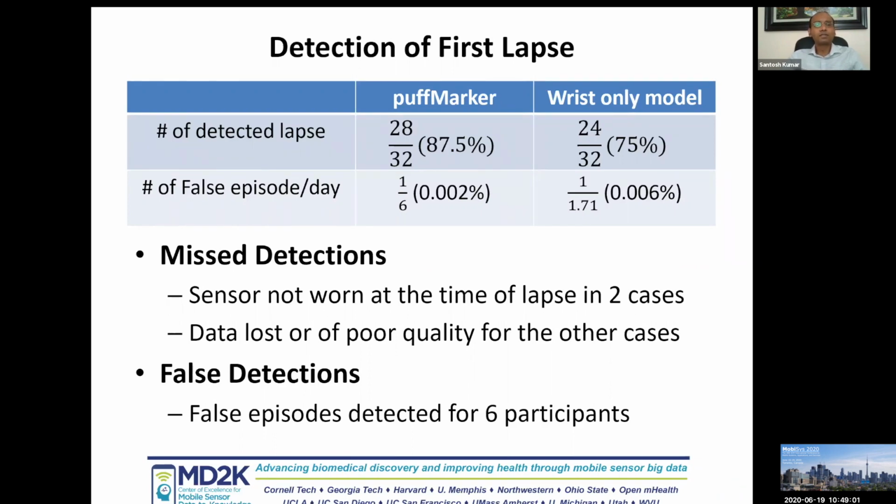We were able to detect this first lapse about 28 out of the 32 times. In other cases, either the sensor was not worn or the data was lost. The number of false positives we had was about 1 false positive every 6 days. If we take each respiration cycle as our unit of assessment, this will translate to about 0.002%.